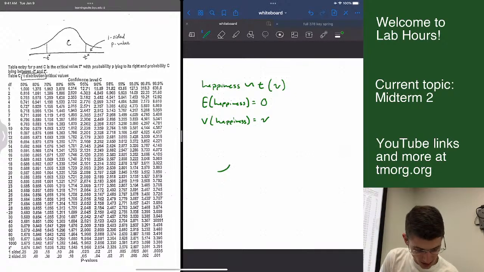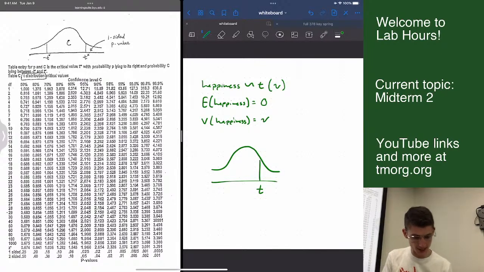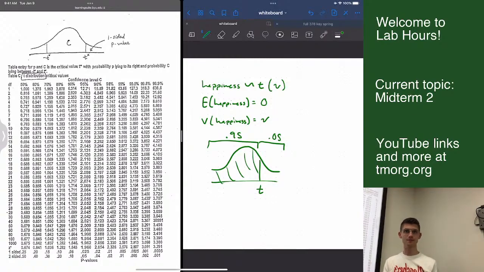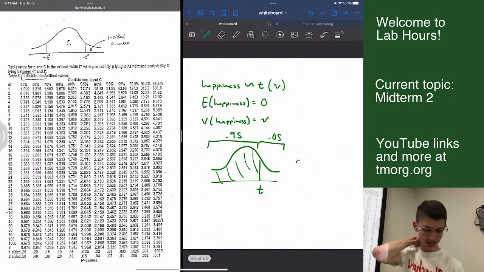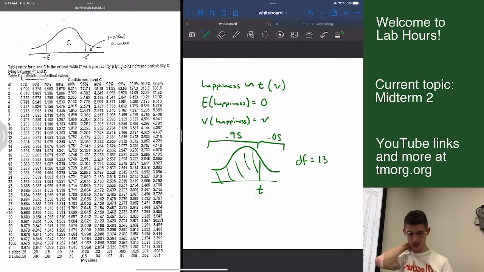In fact, let me draw this because this is really important for me to get across. Say I pick a t here that has 95% of the distribution to the left of it and 5% to the right of it. Okay? And let's say I have degrees of freedom equal to 13. Okay?